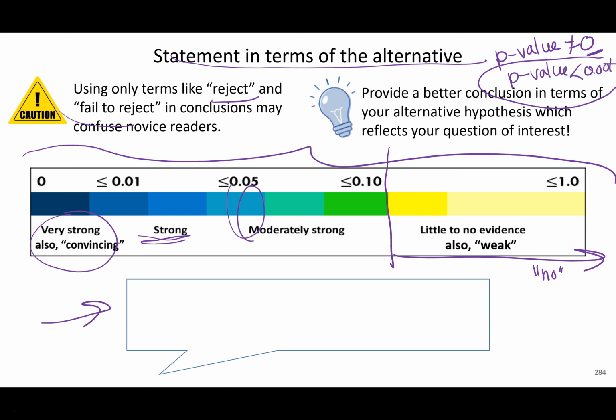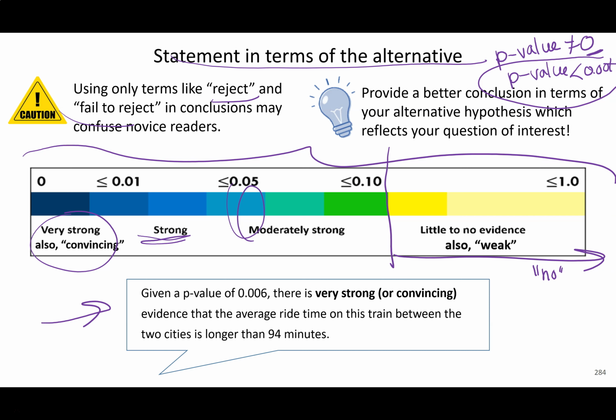So in terms of the train problem, given a p-value of 0.006, I think we had 0.0062, there's very strong or convincing evidence that the average train ride time on this train for all trips between Rome and Florence is longer than 94 minutes as advertised.